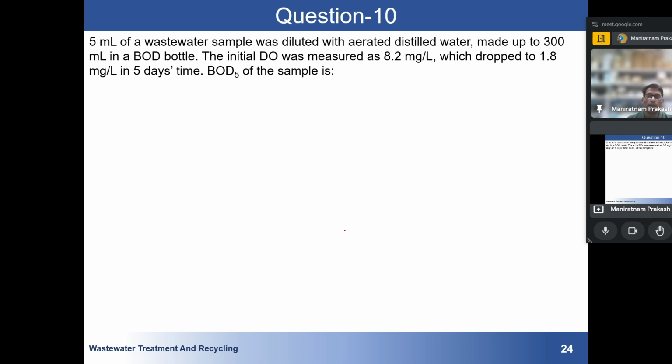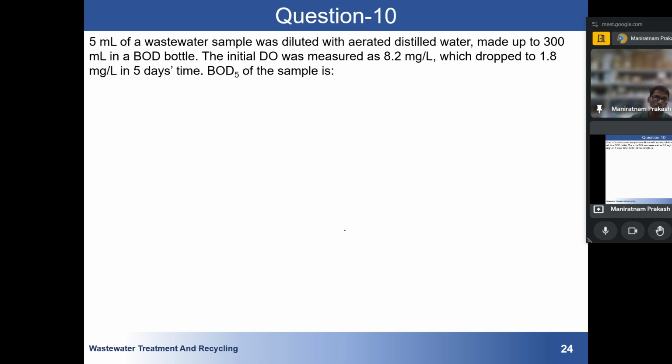Now, 5 ml of wastewater sample was diluted with aerated distilled water made up to 300 ml in a BOD bottle. The initial DO was measured as 8.2 milligram per liter, which dropped to 1.8 milligram per liter in 5 days. Find the BOD5 of the sample.